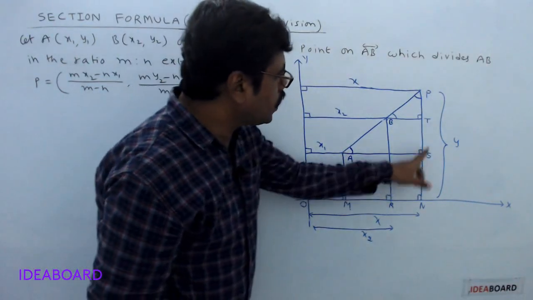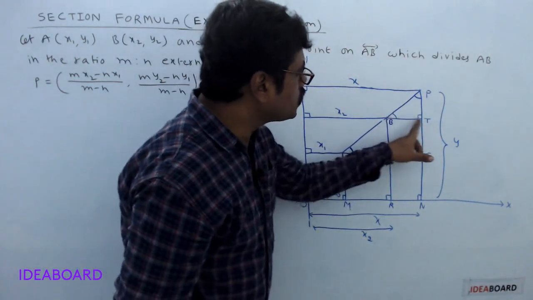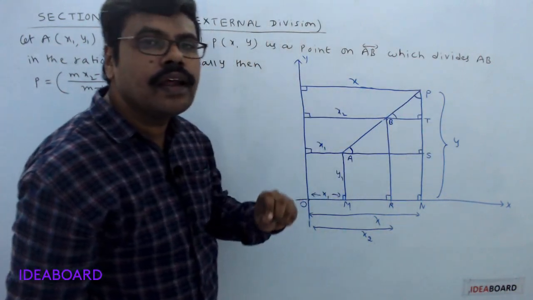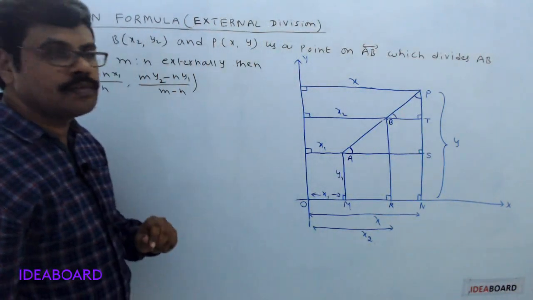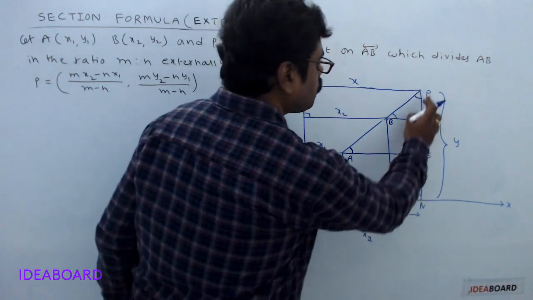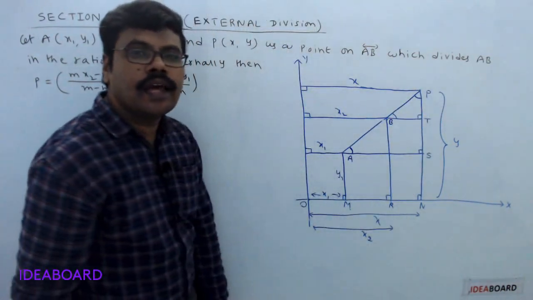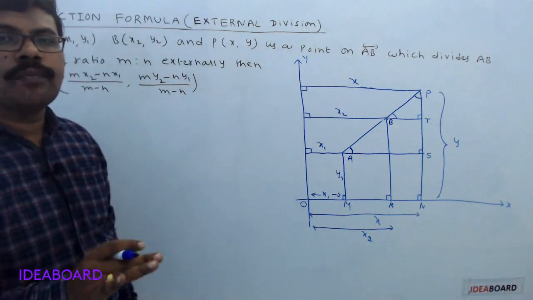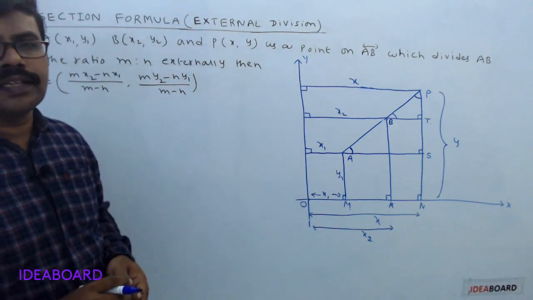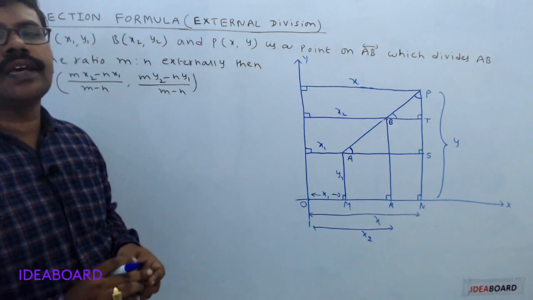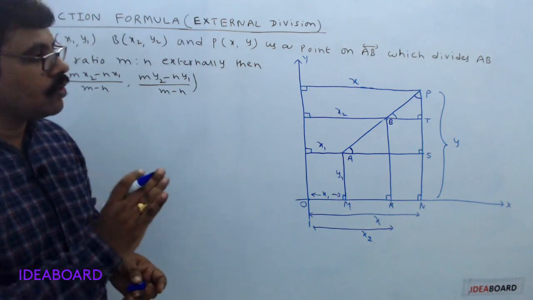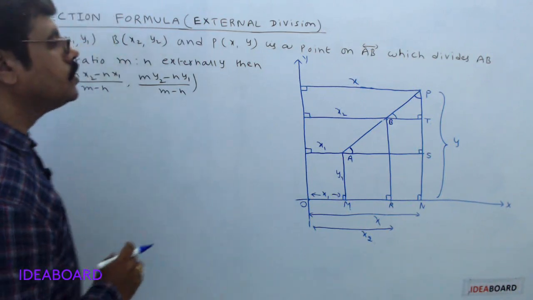So this triangle and this triangle are similar triangles. So what are the similar triangles? ASP and BTP are similar triangles. What is the property in similar triangles? Corresponding sides are proportional. Now use that property.